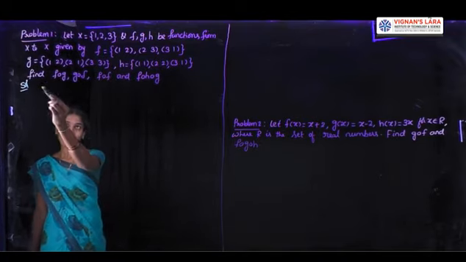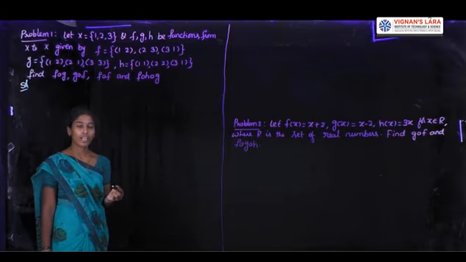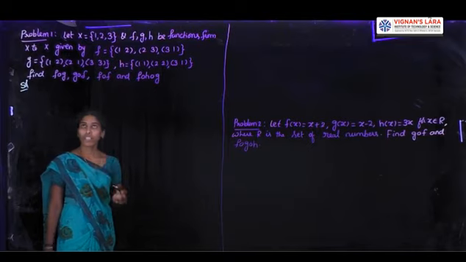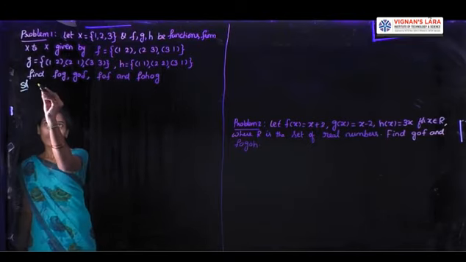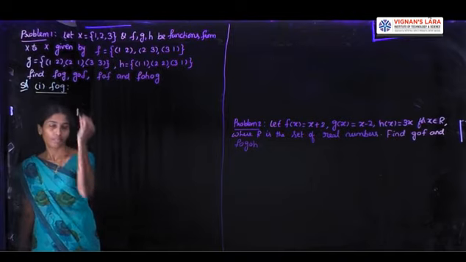They ask us to calculate f circle g, g circle f circle f and f circle h circle g. Now we will see how we can calculate these. First one, f circle g.